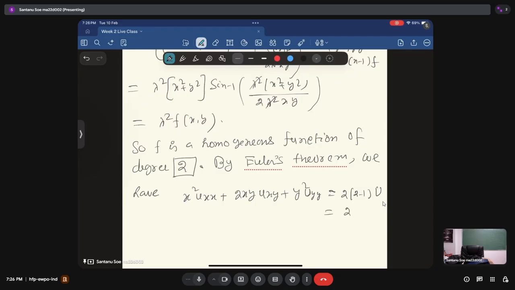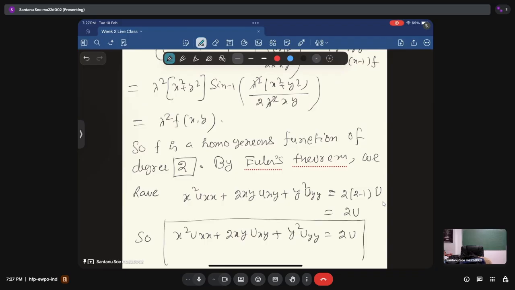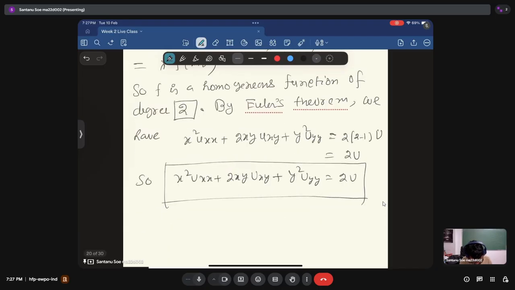So this will be 2u. So this should be the answer: x square u_xx plus 2xy u_xy plus y square u_yy is going to be 2u. Okay.